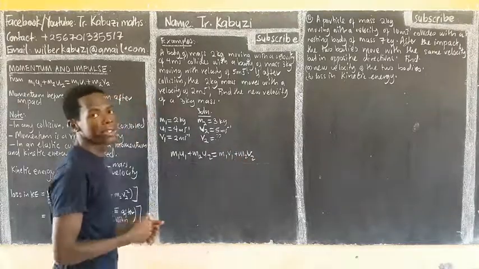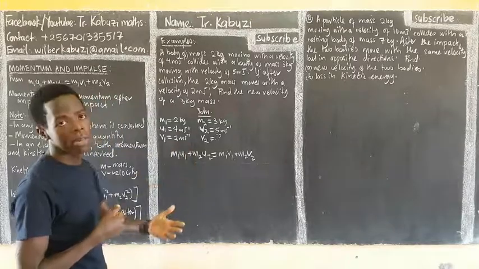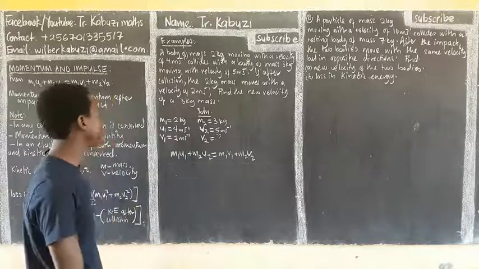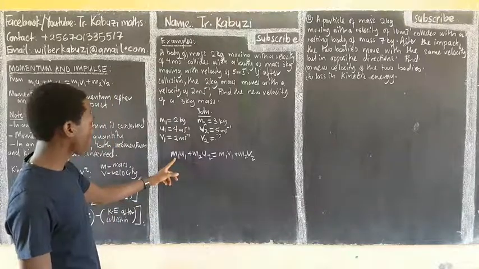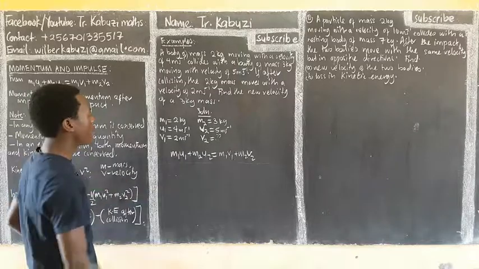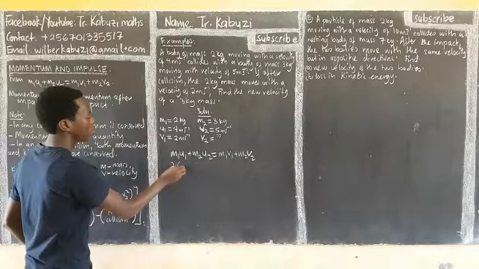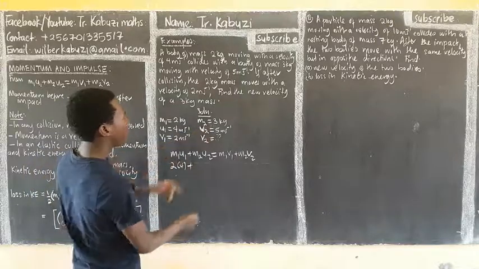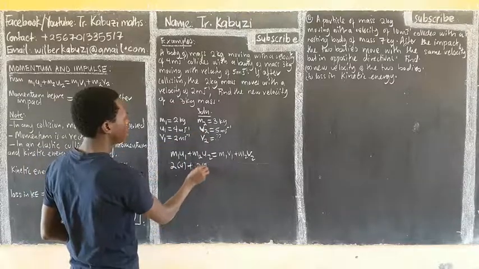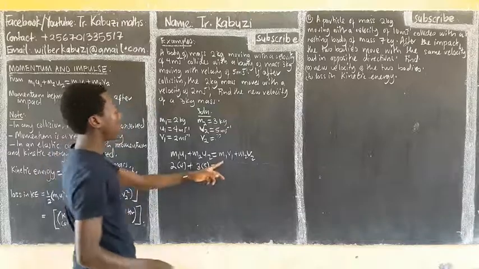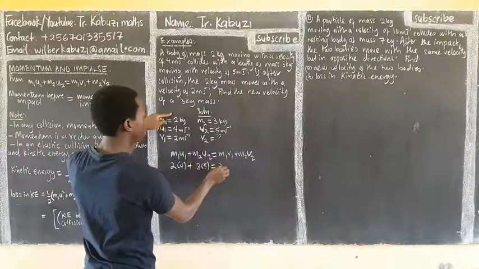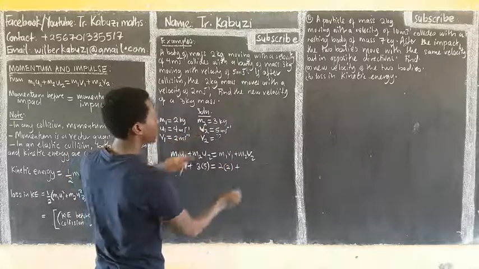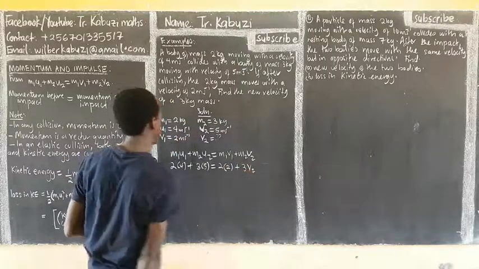This shows that after collision, the bodies separated, so this was an elastic collision. That's why we have two different velocities. So here, our m1 is 2 into 4, then plus 3 into 5, equaling m1, 2 into the new velocity, which is 2, then plus this mass 3 with the v2 we are looking for.